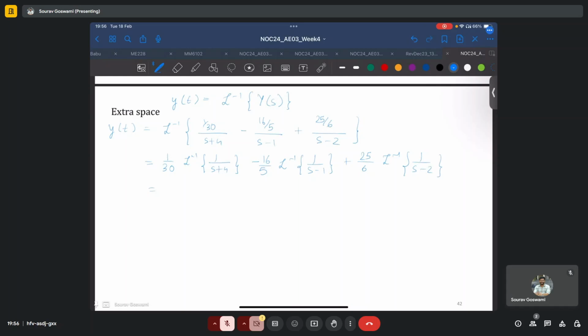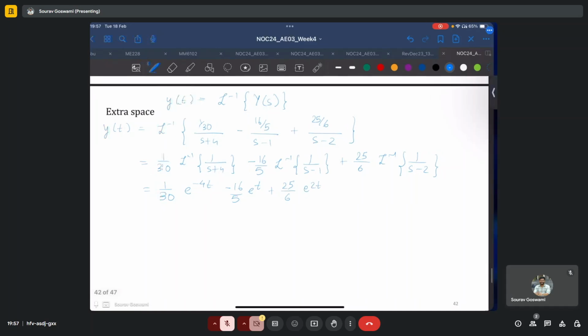And if we are to find these inverses individually, the first one becomes 1 by 30, Laplace inverse of 1 by s plus 4 is e power minus 4t. 16 by 5, 1 by s minus 1 is e power t. 25 by 6 times the inverse of 1 by s minus 2 becomes e power 2t.